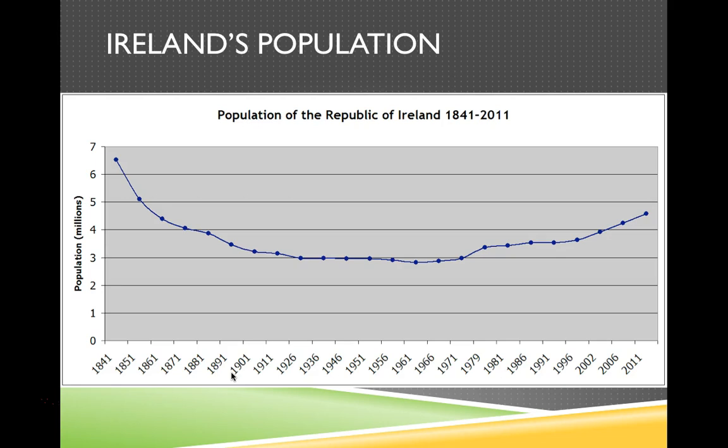At the low point, which really is decades after the Irish potato famine, occurs roughly at the time of World War II. There's been a slow, steady increase ever since, but never returning to those pre-famine population days.